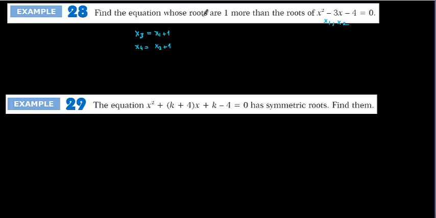Find the equation whose roots are 1 more than the roots of the equation x squared minus 3x minus 4. Firstly, I need to know what b over a is, and we are going to use minus b over a, because I need to know x1 plus x2.